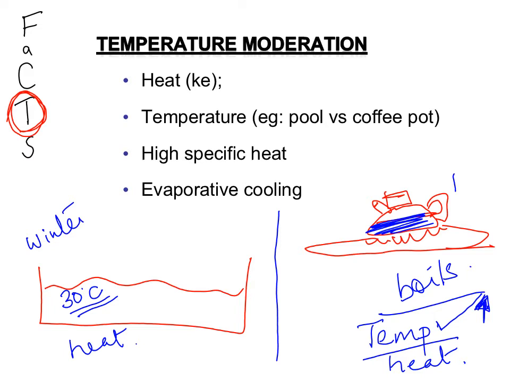Temperature is high, and the temperature of the swimming pool is lower in comparison to the kettle. But the amount of heat required to heat this is low, whereas the amount of heat required to maintain this at this temperature is very high.